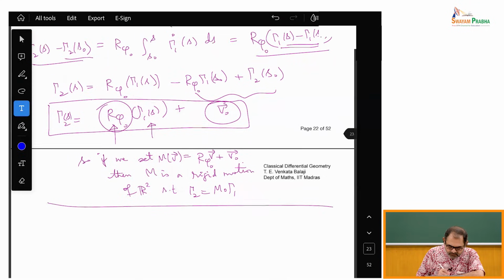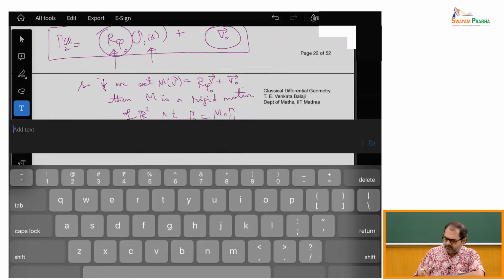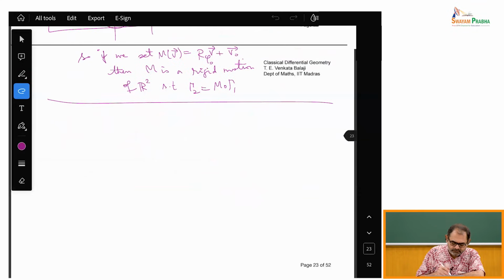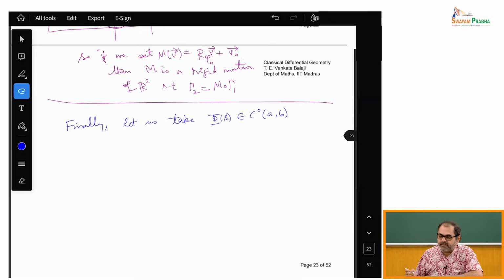Finally, let us take capital phi of s in C naught AB. So it is a continuous function on AB, alright.